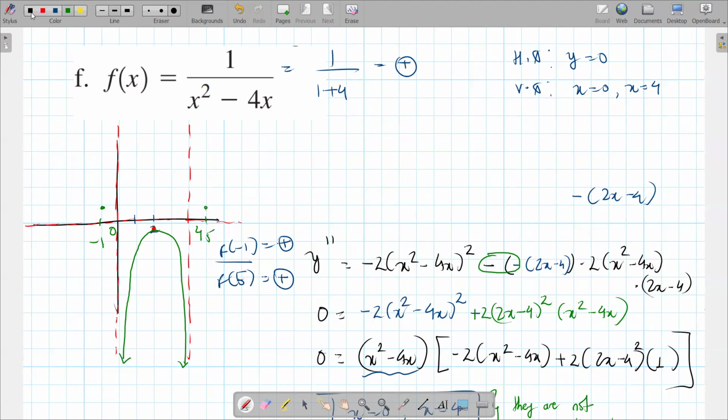Now, the only thing that would make sense, remember we didn't have any x-intercept, is that the graph looks like this. Cool? And that's it for this question.